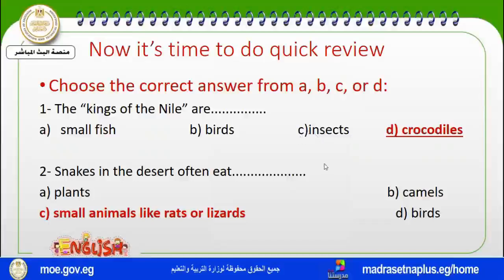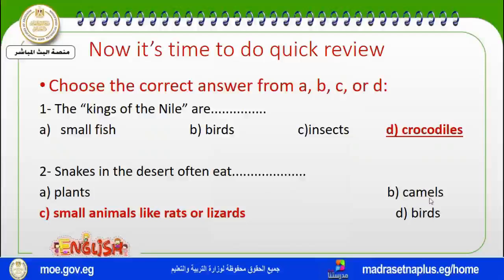What about number two? Snakes in the desert often eat small animals like rats and lizards. Sure, snakes can't eat plants; it doesn't suit them and they would still feel hungry. And sure, snakes are dangerous, but they cannot eat a big animal like camels.